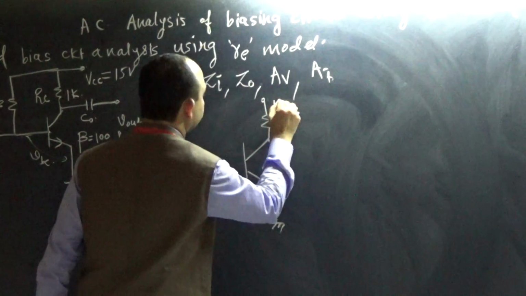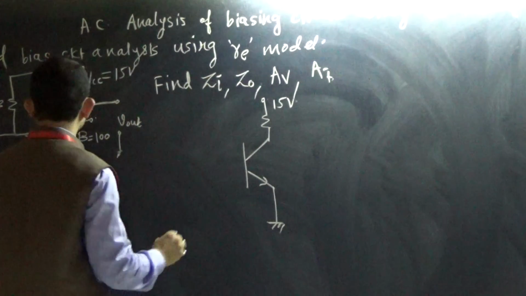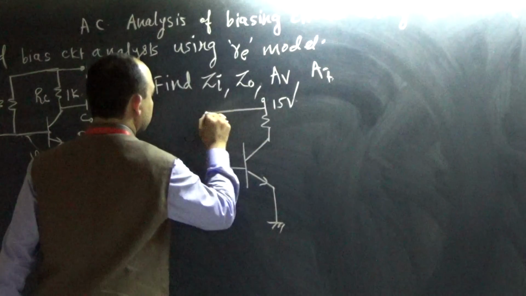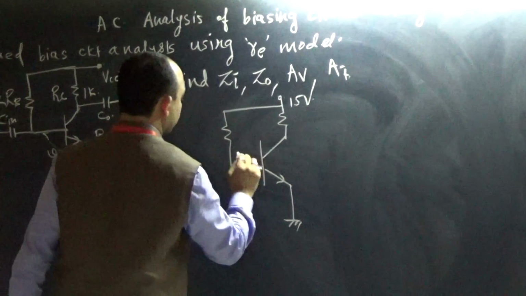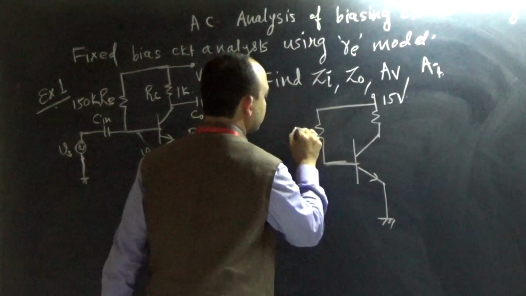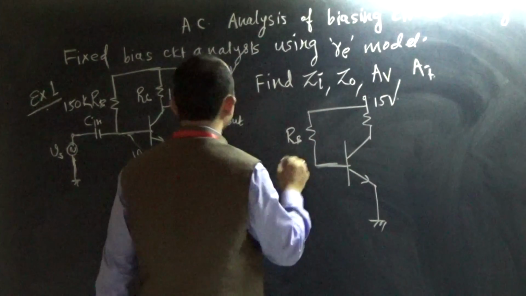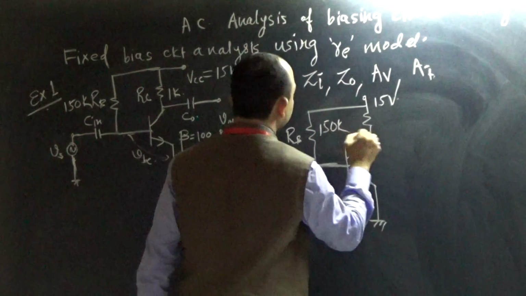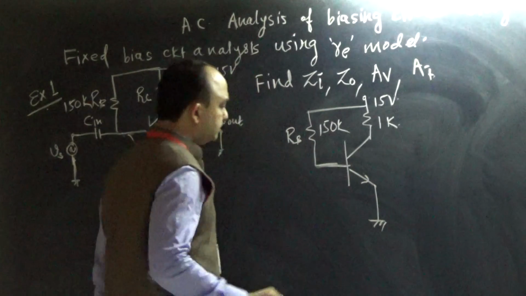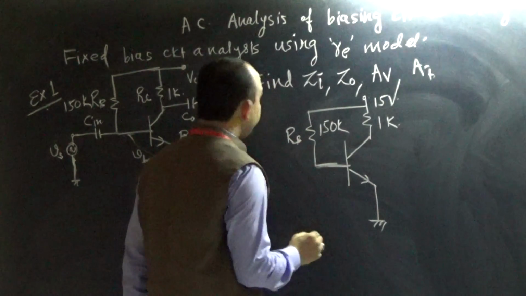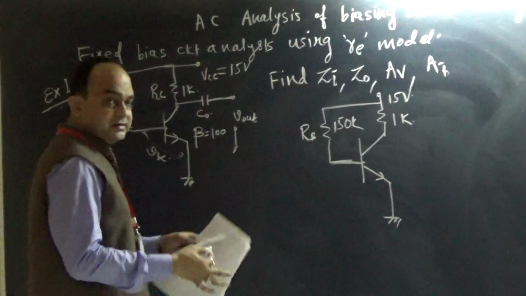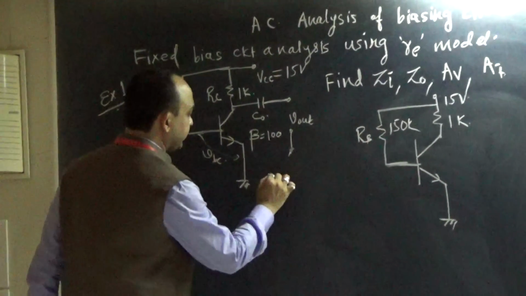How much is VCC given? 15 volts. How much is RB given? 150K. RC is given as 1K. VBE, this is a university problem I have taken as it is.